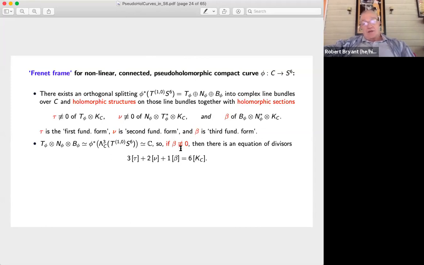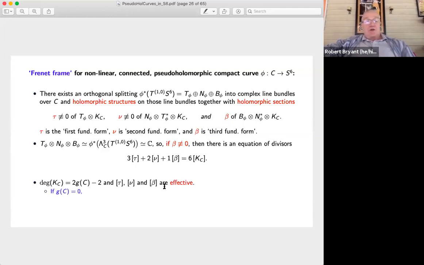And so you get an equation of divisors that says 3 times the divisor of tau plus 2 times the divisor of nu plus 1 times the divisor of beta is 6 times the canonical divisor for a compact curve. The degree of the canonical divisor is 2 times the genus minus 2. And because these are holomorphic sections, these are effective divisors.